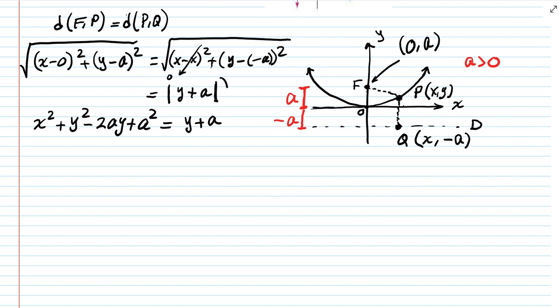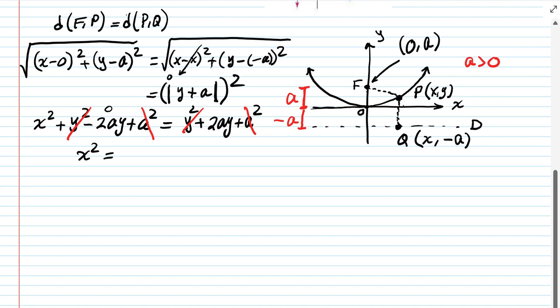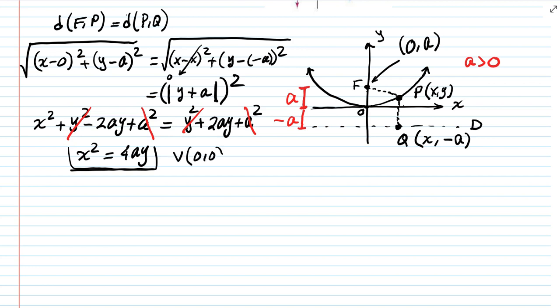I'm squaring this, so I get y squared plus 2ay plus a squared. There. Now we can cross out y squared on either side. We can cancel a squared on either side. So I have x squared, and let's move 2ay to the other side. It combines with this 2ay, because they're like terms now, giving me 4ay. And there you go. We have the equation of the parabola whose vertex is at 0, 0.